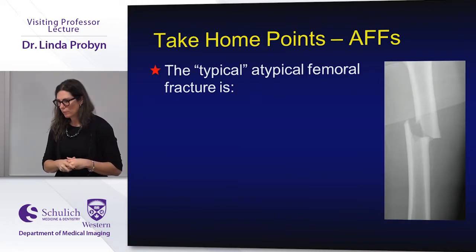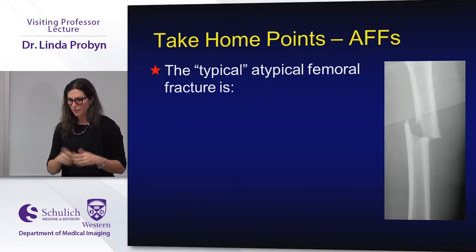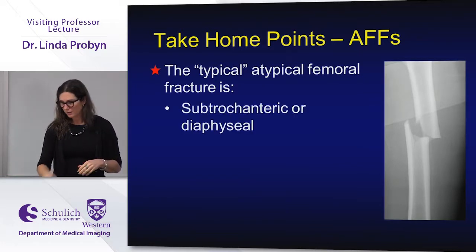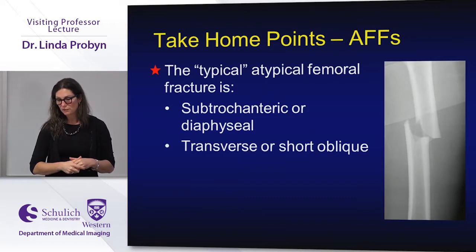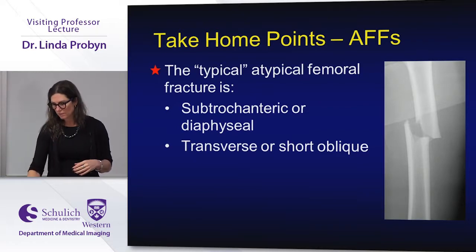So, just a few take-home points about atypical femoral fractures. The typical atypical femoral fracture is subtrochanteric or diaphyseal, transverse or short oblique: transverse through the lateral cortex and then taking an oblique course as it is completed across to the medial side.